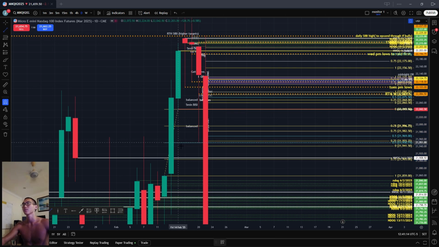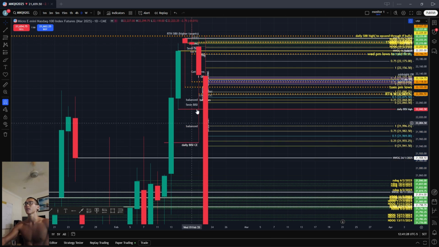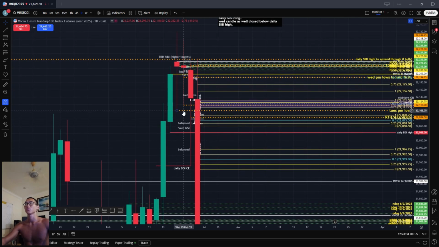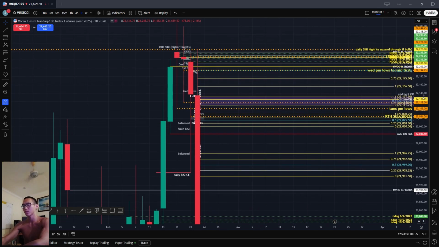I'm just going to draw it out. Daily BC CD. So it touched the midpoint of it, expanded higher. So open, touch it, expanded higher. These are the two levels that I was showing you guys. But yeah, let's drop to the lower time frame please.